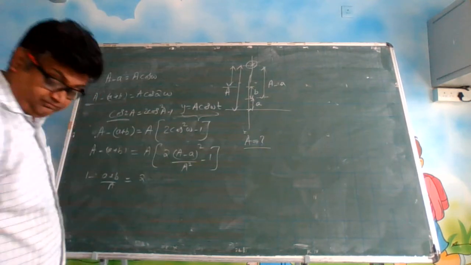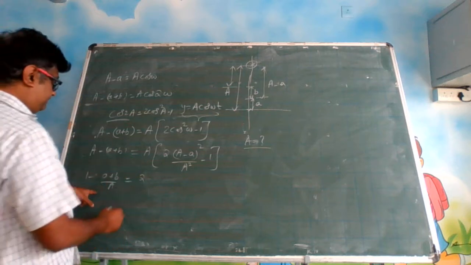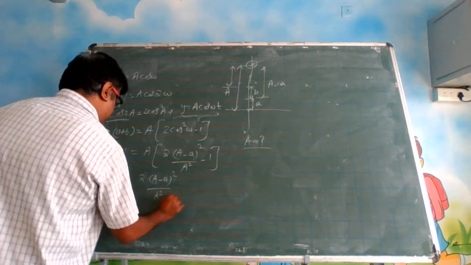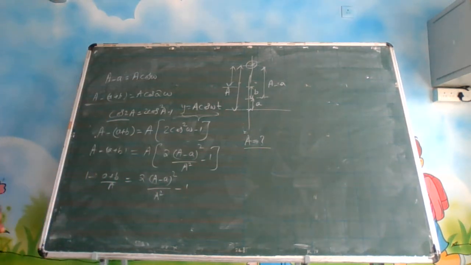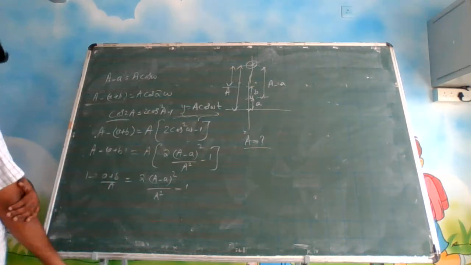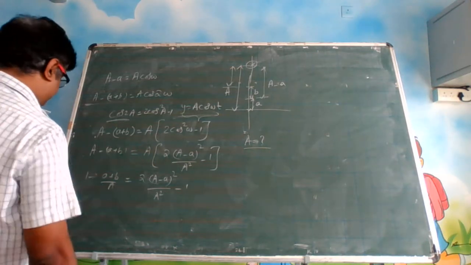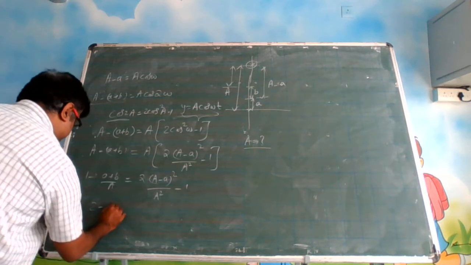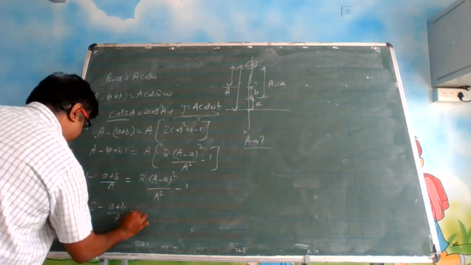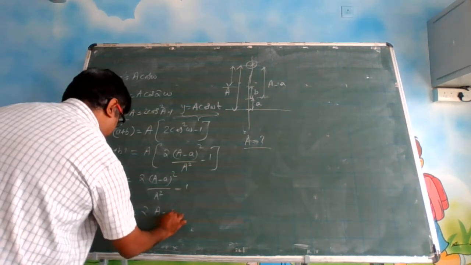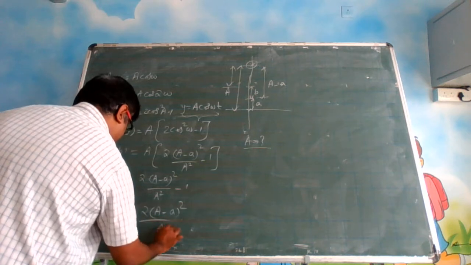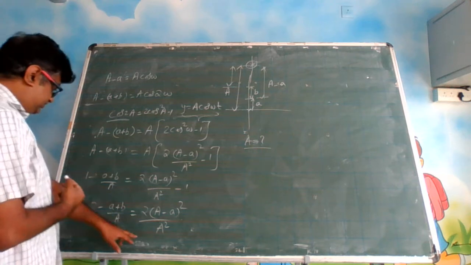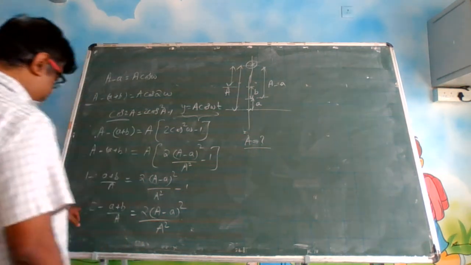Why am I writing cos here? 2 A, we took this side, so 2 into A minus a whole square by A square minus 1, right? Because we have taken A this side. So is this 1 cancelling? No, it is not getting cancelled. So send 1 to the other side: 2 minus a plus b by A is equal to 2 into A minus a whole square by A square. Okay? So this is the denominator. So how to solve?